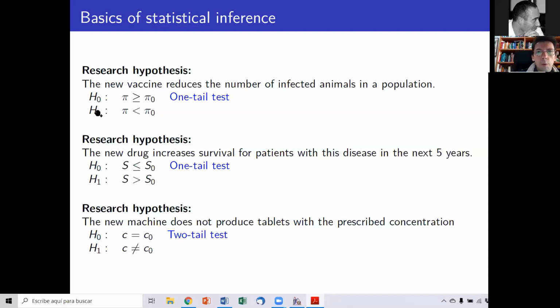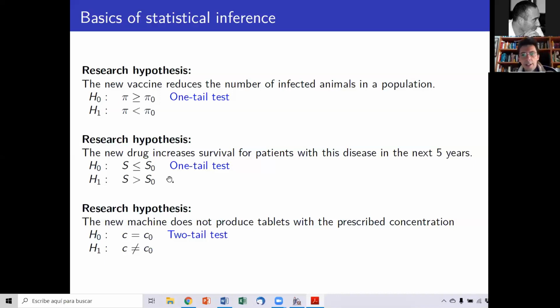So I want to prove that the new infection rate is smaller than some fixed number. So this is one tail. Also, I want to show that my new drug increases survival. The survival rate is larger than some fixed number.